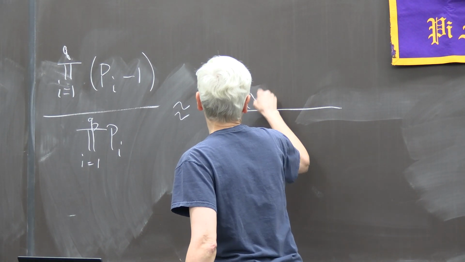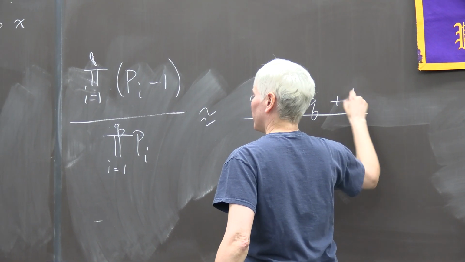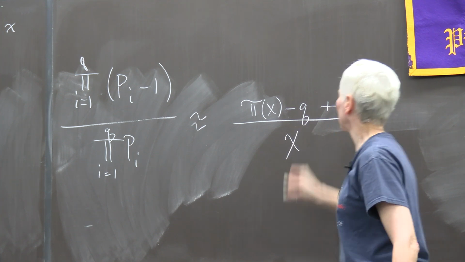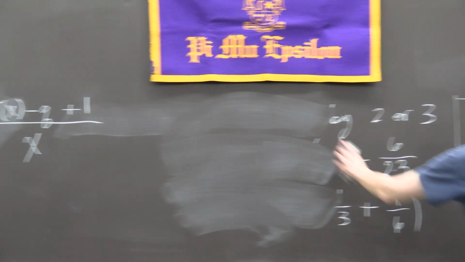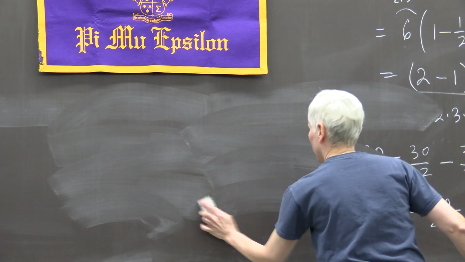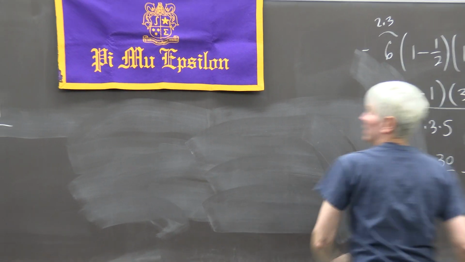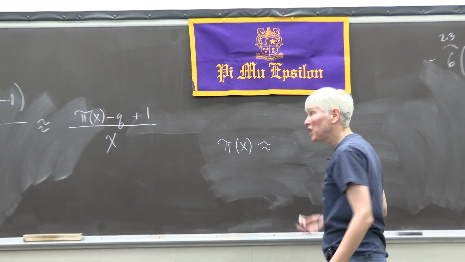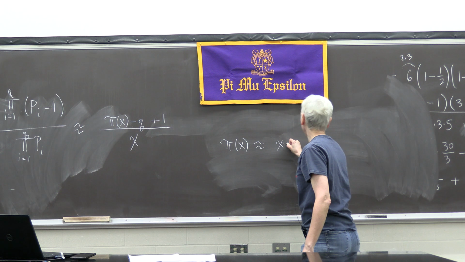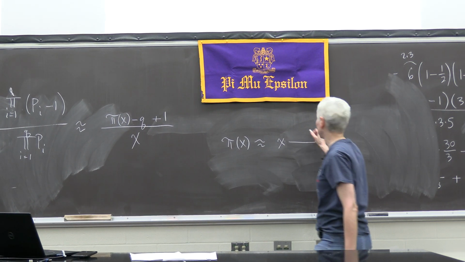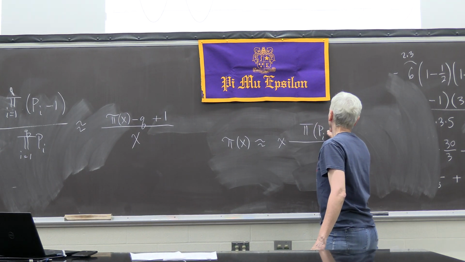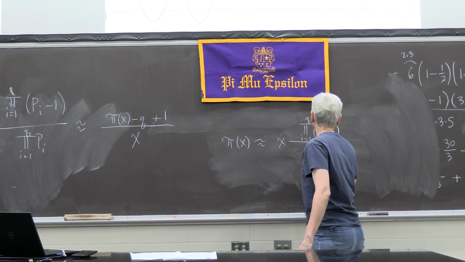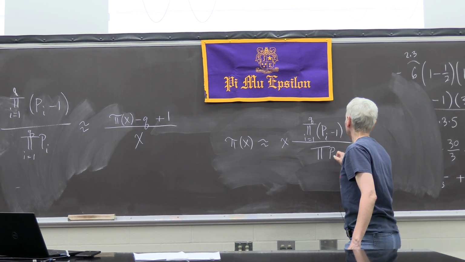You got it. Pi of x minus q plus 1 over what? Right? And so therefore, and man, I'm getting excited now, see? And therefore I said, hey, pi of x must be approximately equal to the number x times the quotient of the product of the pi minus 1s divided by the product of the pi's.